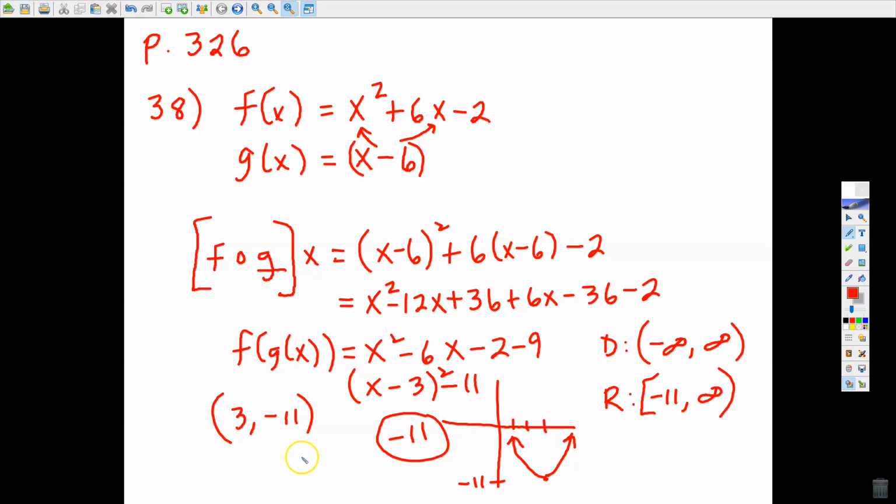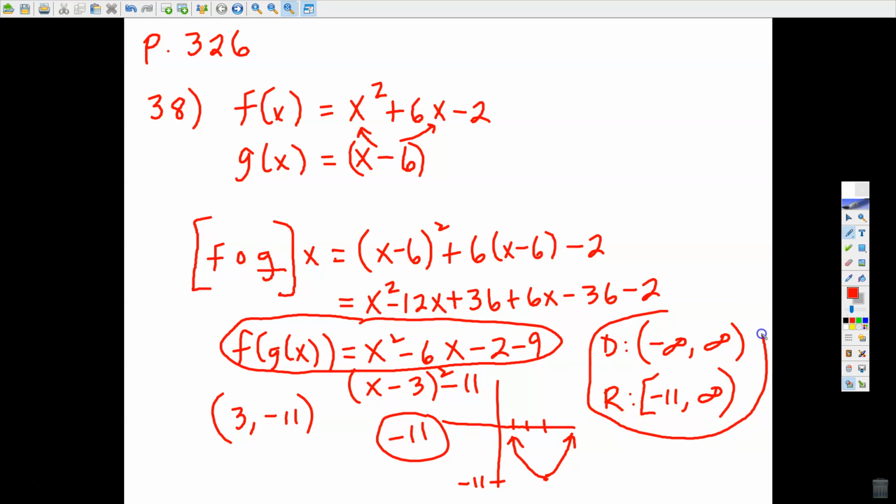So I'll let you decide. Do you want to do the opposite of b over 2a, or vertex form? You should be good at both, but in these cases you can choose whichever you prefer. So that is the answer to the composite, and here is the domain and range.